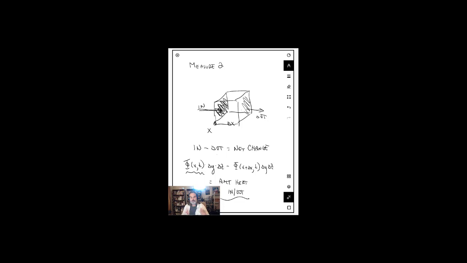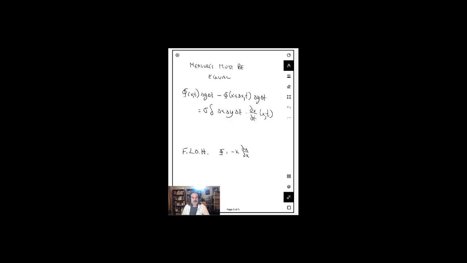So now we have two measures of that same thing, and they have to be the same. So here we've got that second measure set equal to what we had from the first measure, right there. And now we're going to start simplifying. You might notice there is a delta y delta z on every term, both on the left side and on the right side.